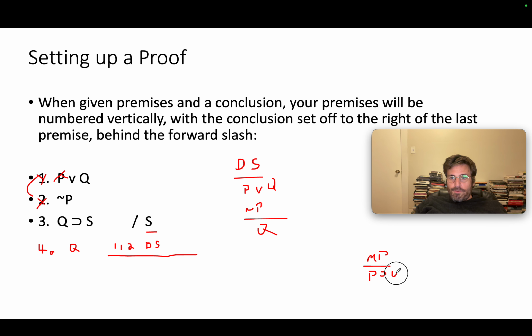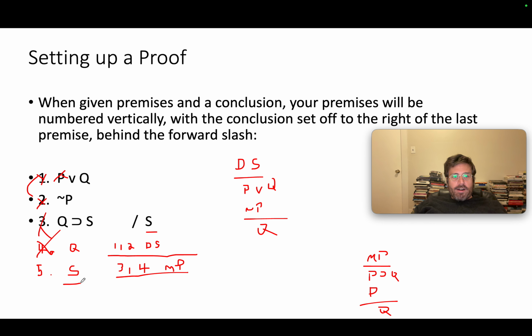If P then Q, where the antecedent is affirmed P, we can infer the consequent Q. So in line 5, I'm going to use modus ponens to isolate S. We have the affirmation of the antecedent Q such that we can isolate S. So I'm going to cite lines 3 and 4 and cite my rule modus ponens, MP, and then cross off 3 and 4.